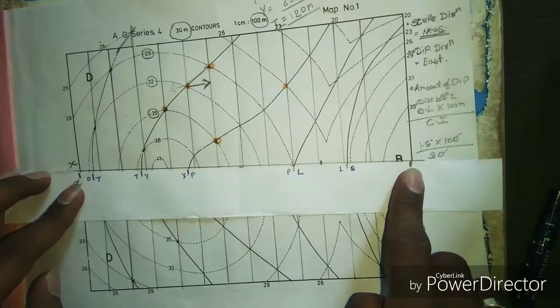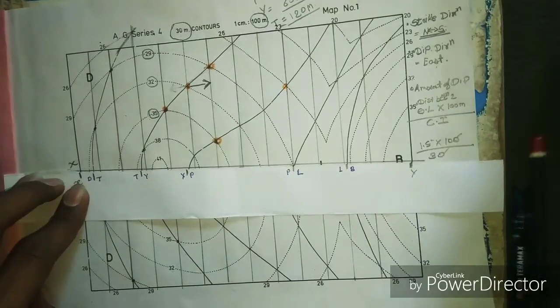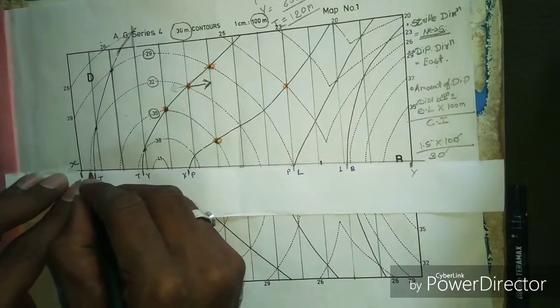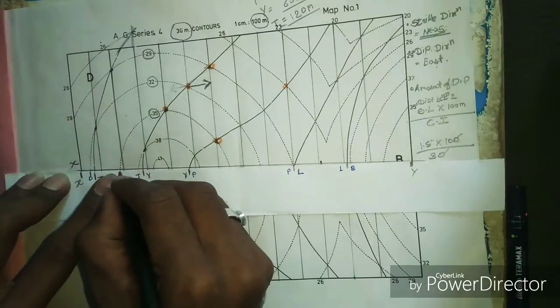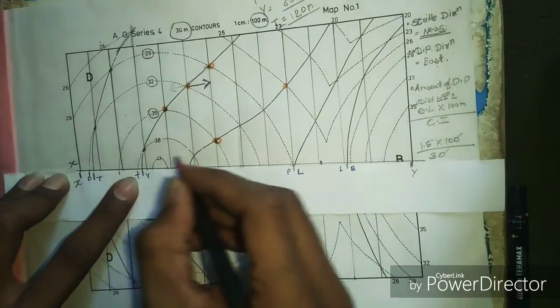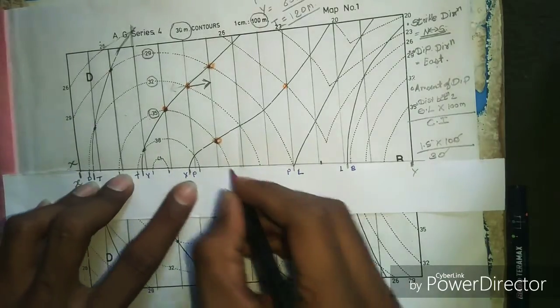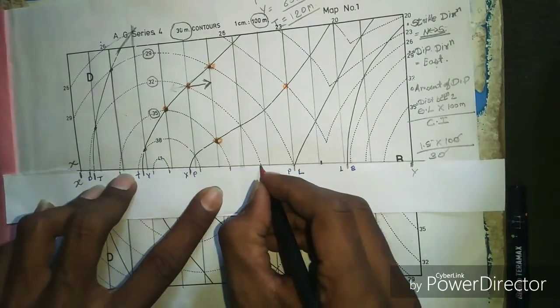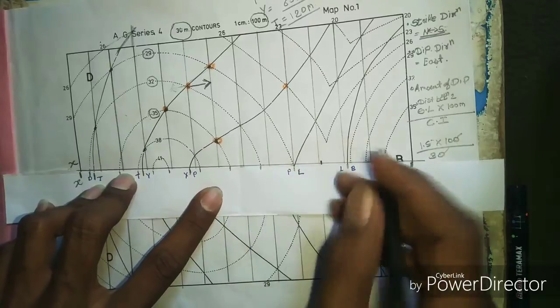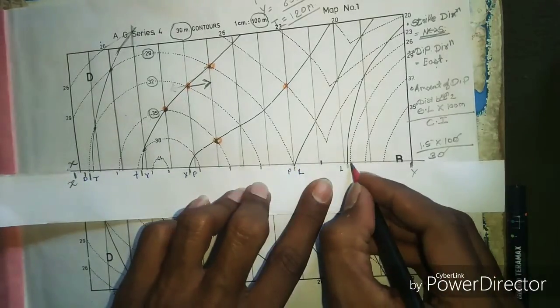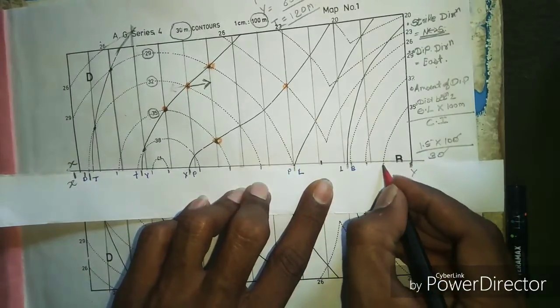Now we have to plot the contour lines. You can use different color pencils or color pens to avoid confusion. I am demarcating or plotting the contour lines on this strip paper.